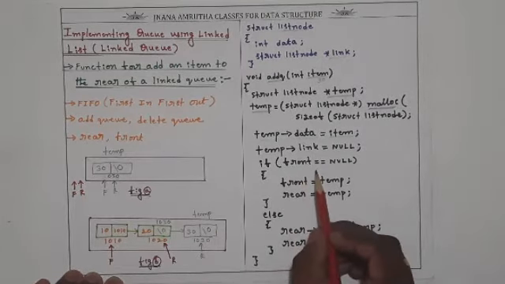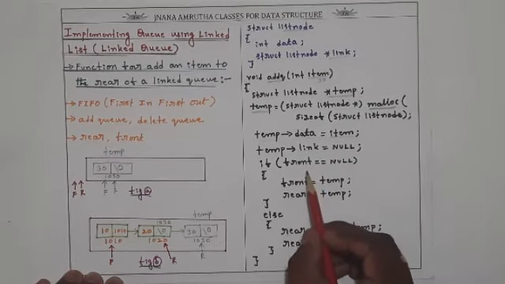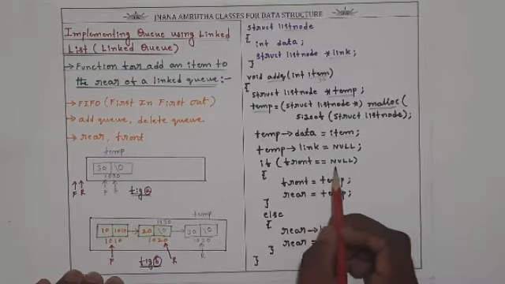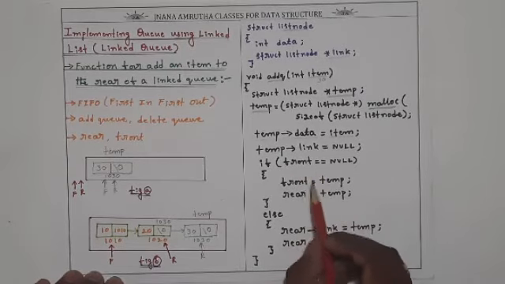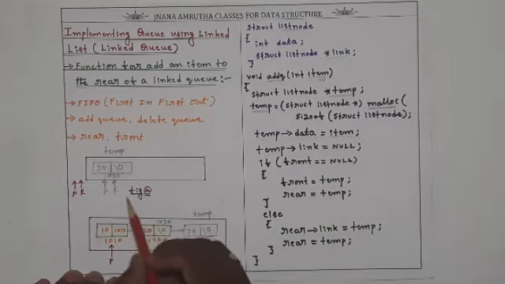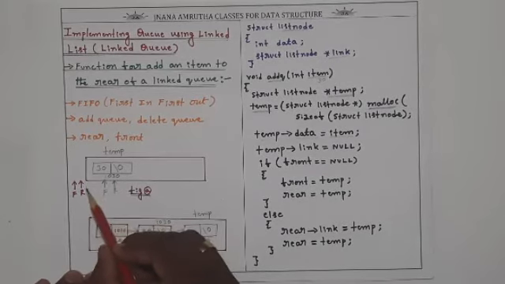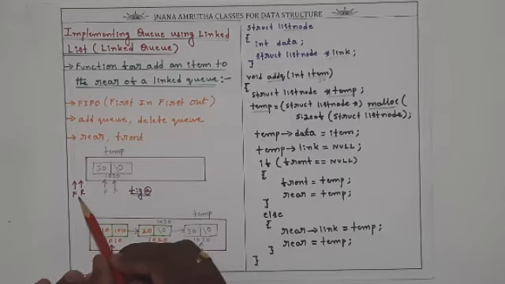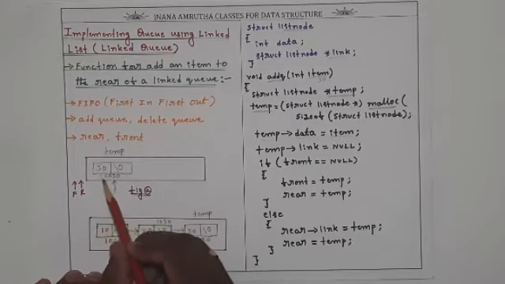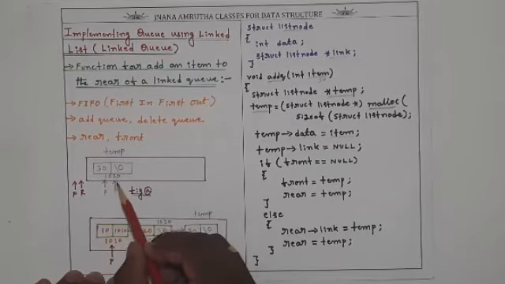Next we check whether the queue is empty or not. For example, front equal to null means we come to know the queue is empty. Just observe figure A. Initially front is pointing to null value. In this condition, we do front equal to temp and rear equal to temp.